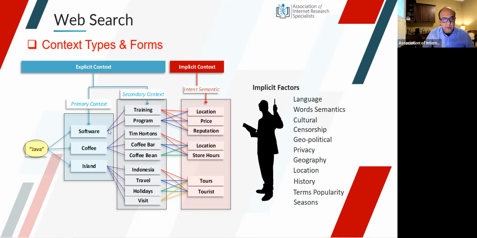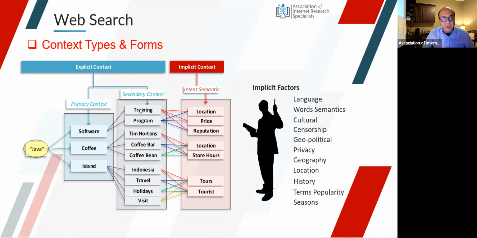the explicit context. So supposing I use the words Java software and not coffee or island, then there would be a secondary context, which means that you need to reinforce your primary context by adding things like, what are you looking for in Java software?